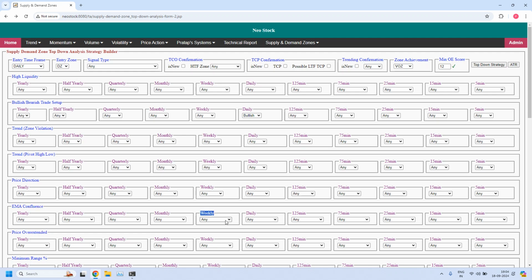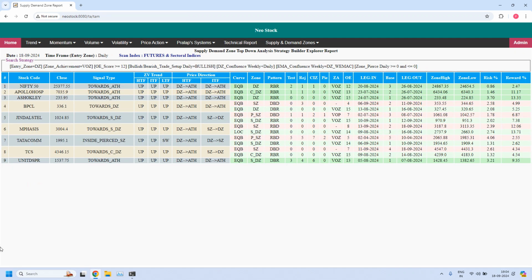In the weekly time frame, I am setting the option weekly demand zone with weekly EMA confluence. So total 9 stocks are filtered. All these 9 stocks are supporting high probability trade setup.